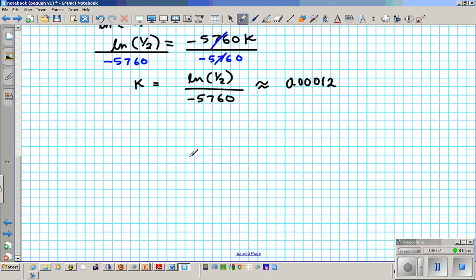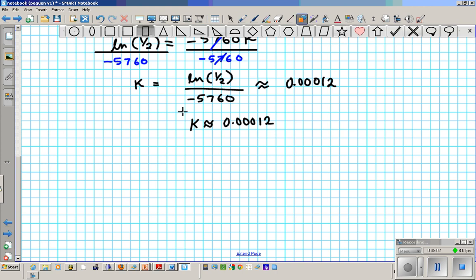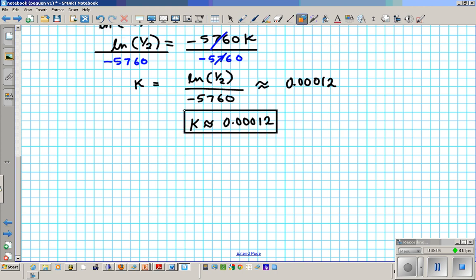Next thing we need is the decay model. So 0.00012. So our decay model is going to be what we get when we plug in K into the original formula. So if we plug in K into the original formula, we're going to have y equals A e to the negative 0.00012t.